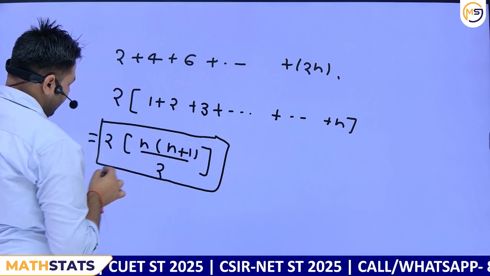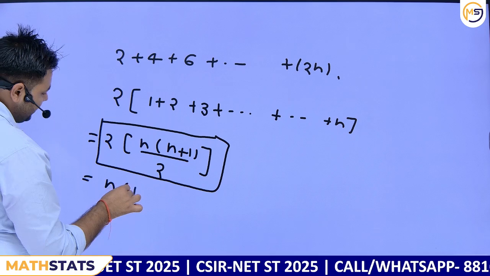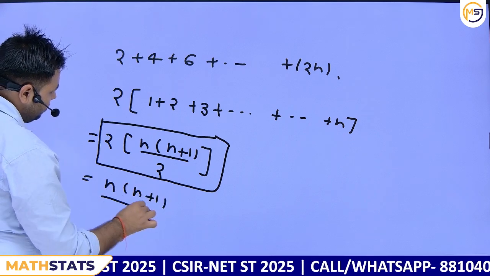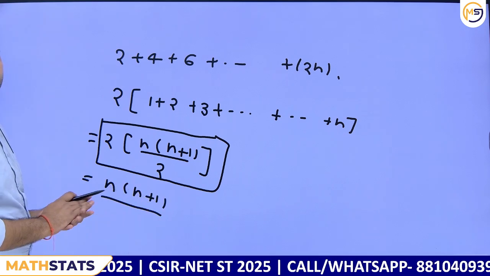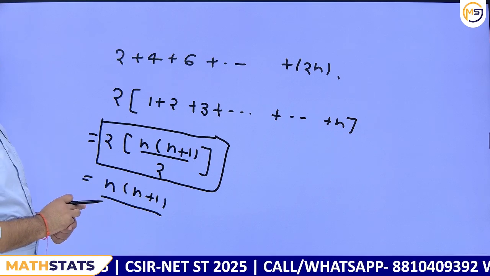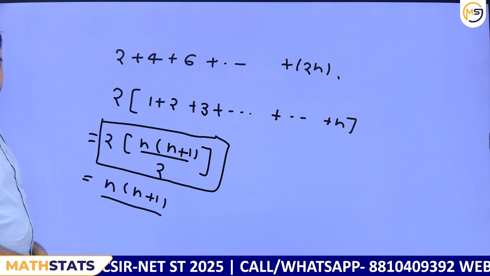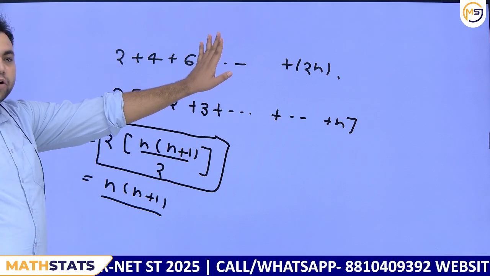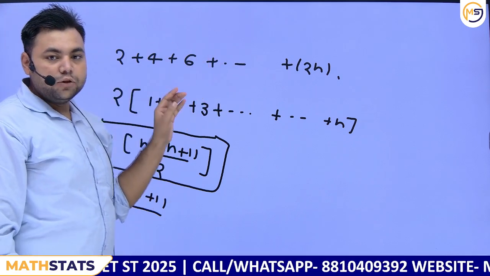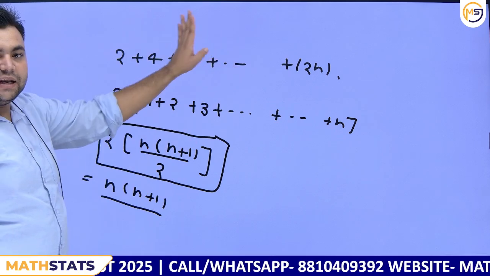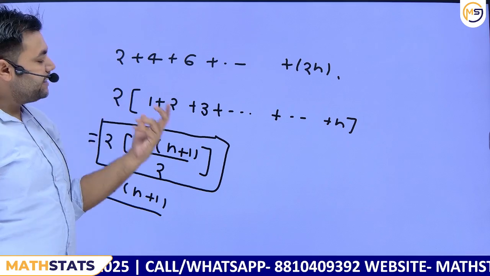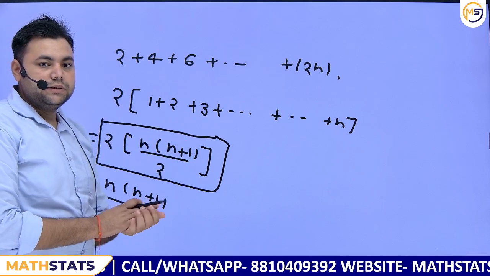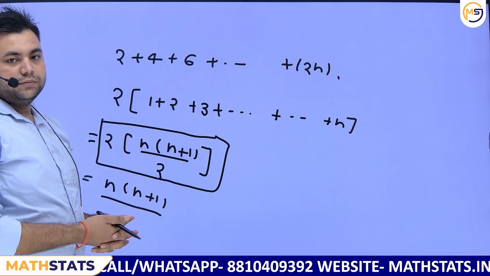And if 2 cancels out, you will get n plus 1 by 2. समझ में आया? अगर 2 + 4 + 6 so on 2n टर्म है, तो इसको आप कन्वर्ट कर सकते हैं ना, 2 कॉमन लेके इसको नेचुरल नंबर की सीरीज बना लीजिए, इसके बाद इस सम को फाइंड कर लीजिए. ठीक है?